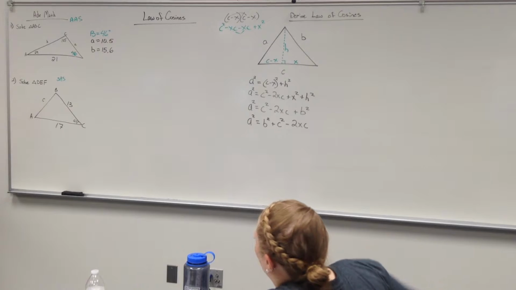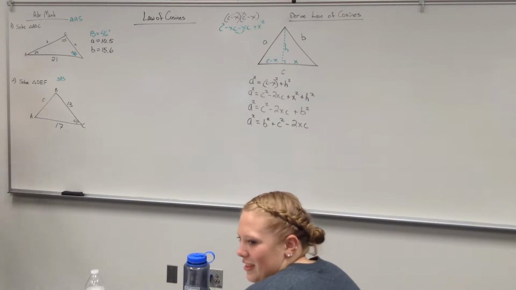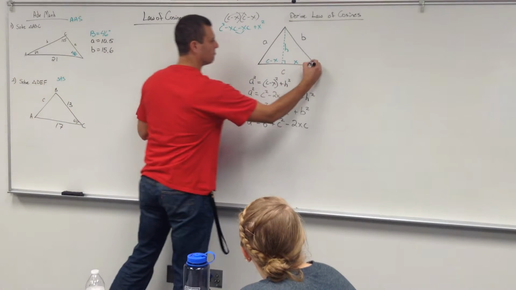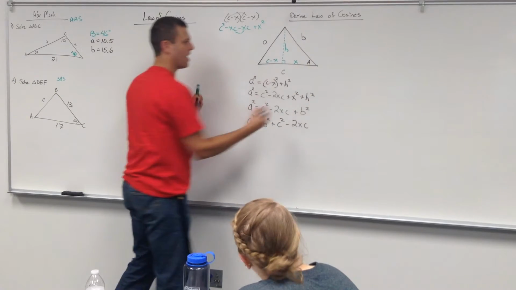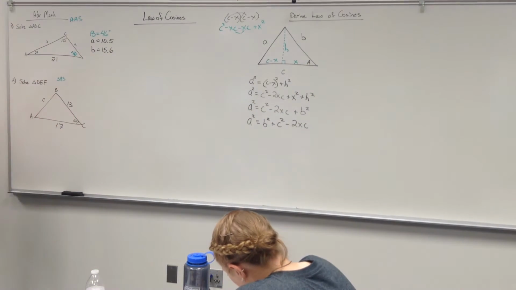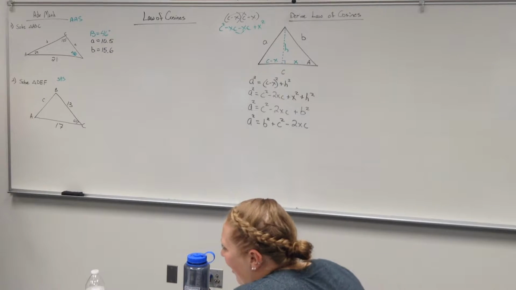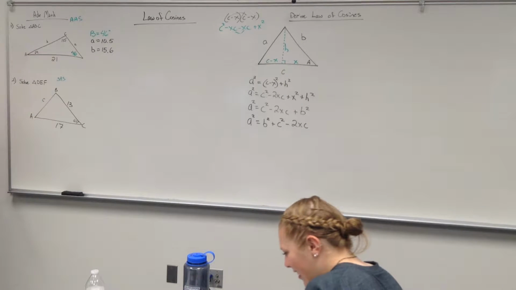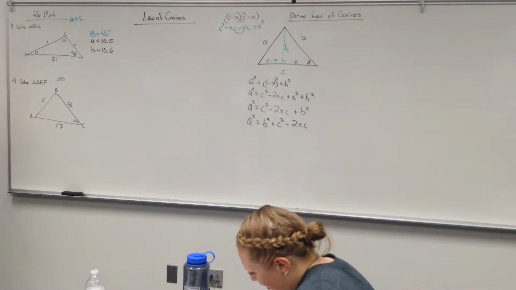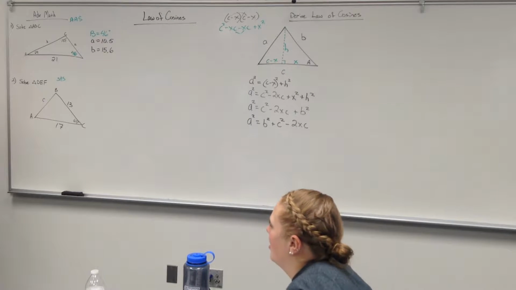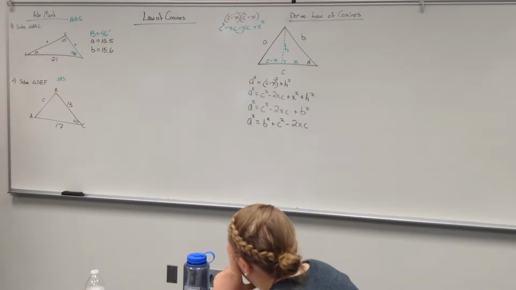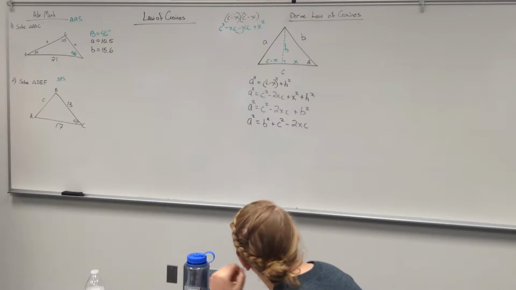I got to get rid of that X. It's going to involve that angle A right there. And crazy, it's probably going to involve a cosine since this is law of cosines. What's the cosine of angle A?